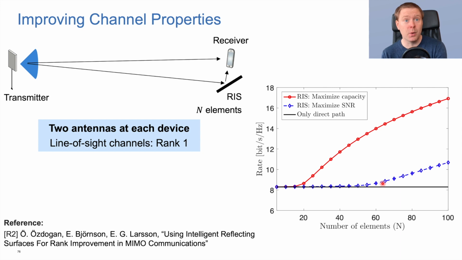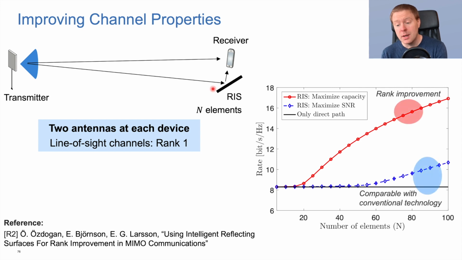Remember what I talked about before, that when you have a small number, the direct path is much stronger, and when I have a large number, it's only the RIS that is effective. But it starts at 50 when they start to contribute both of them, and then the SNR is going up. The gain here is not that large, so I think in those cases, if you would add a relay here and beamform a different signal to it, then it could retransmit it and you can get a better performance.